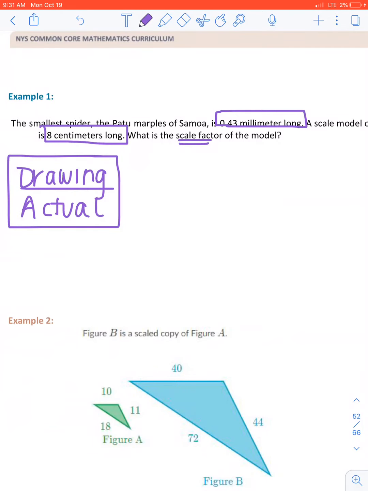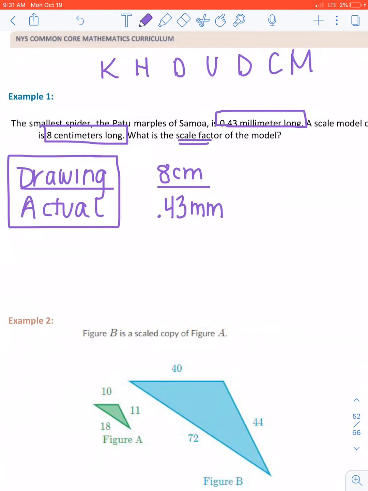So we just talked about how the drawing is 8 centimeters. 0.43 millimeters is your actual length. Now, I'm going to put this up at the top: kilo, hecto, deca, units, deci, centi, milli. That's how we're going to change between these units. We want to make them the same units.